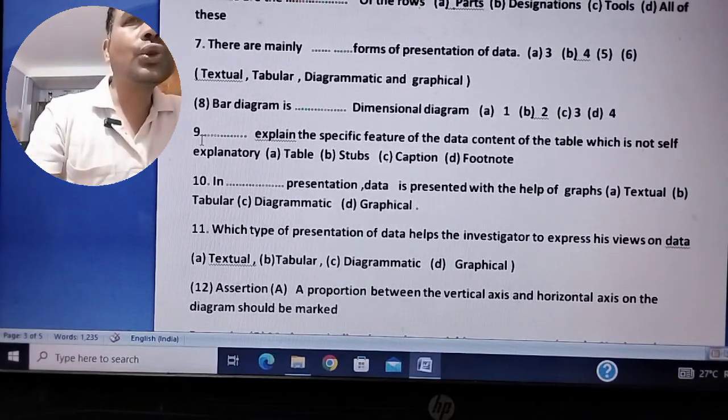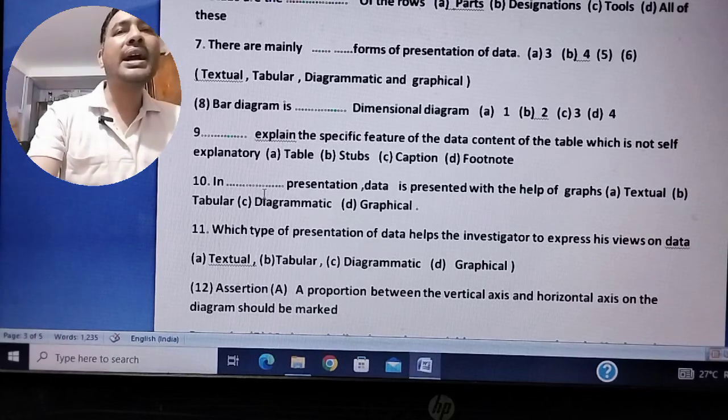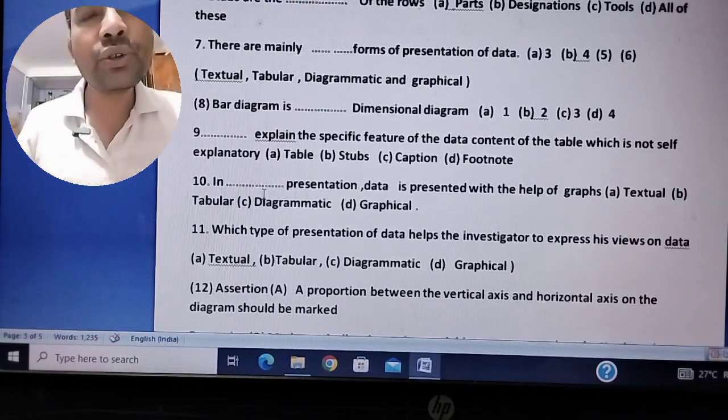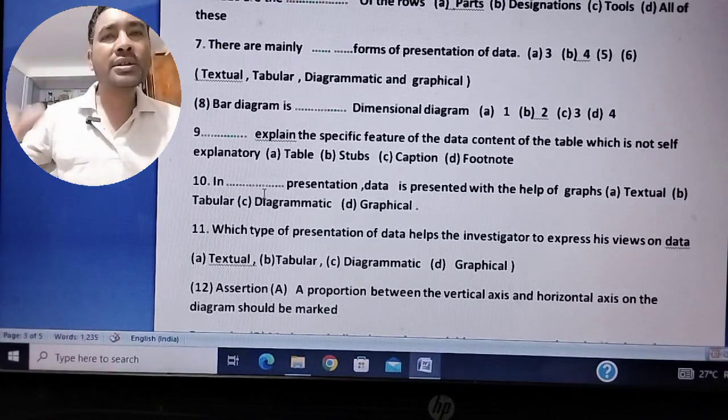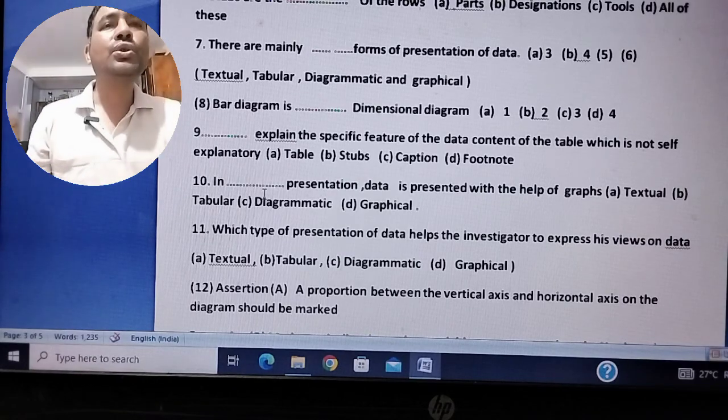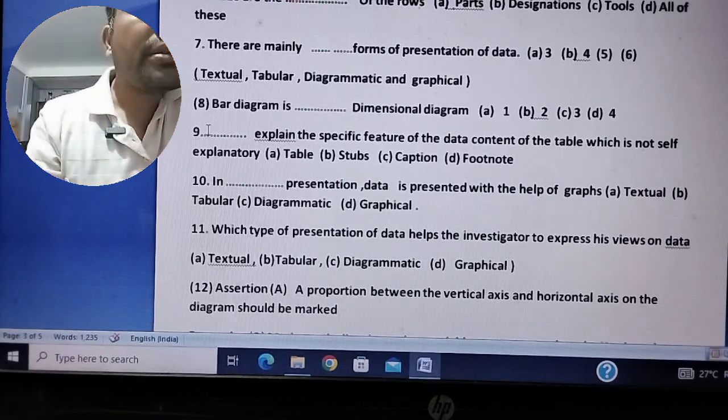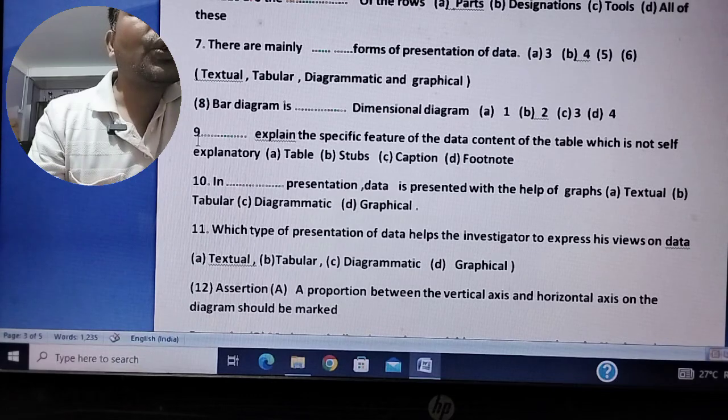Some data are not self-explanatory, so it needs some explanation. So such explanation will be provided at the footnote of the table. So the right answer for question number 9 is D. That is footnote. Footnote explains the specific features of the data content of the table which is not self-explanatory.